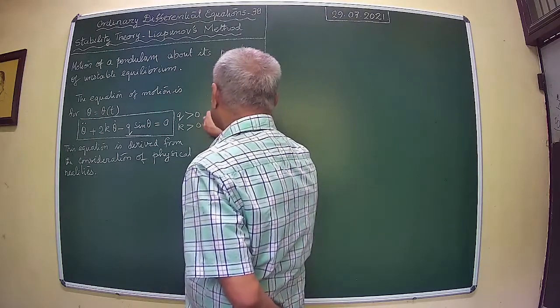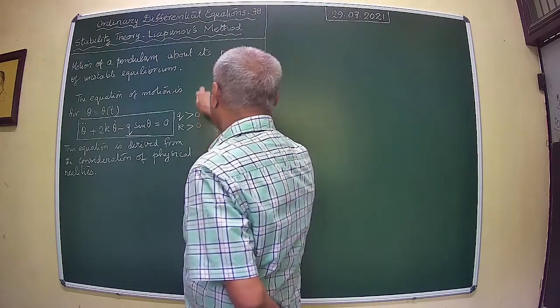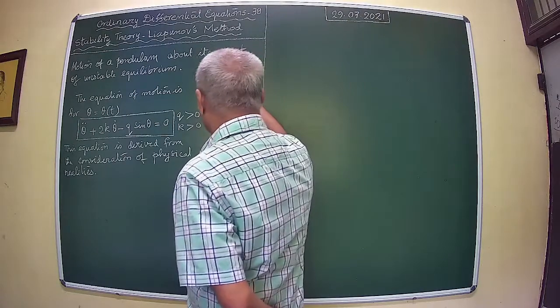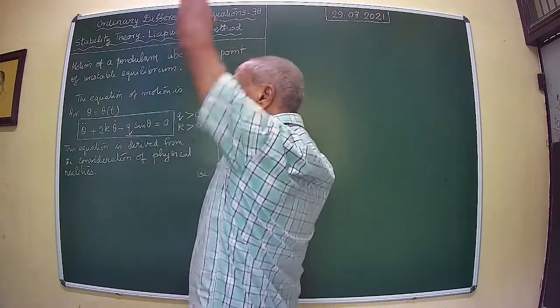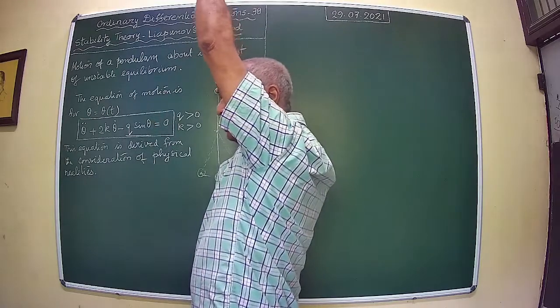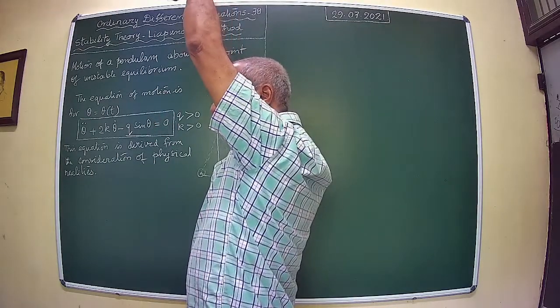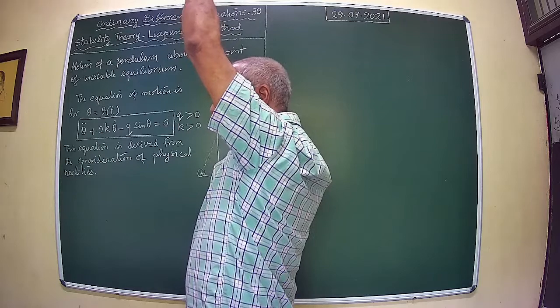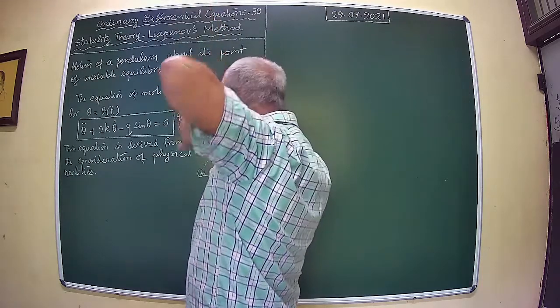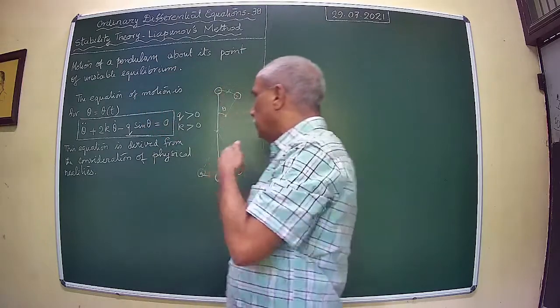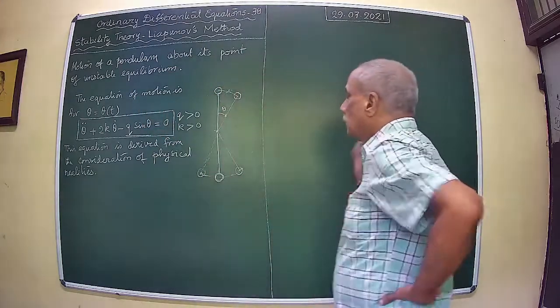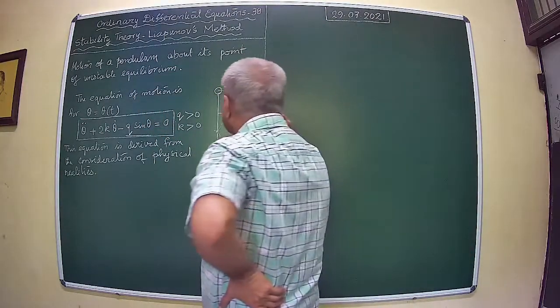You see that theta equal to 0 corresponds to the equilibrium point for which the bob will be just vertically occupying the equilibrium position vertically up and not the down one. Down one will correspond to pi.